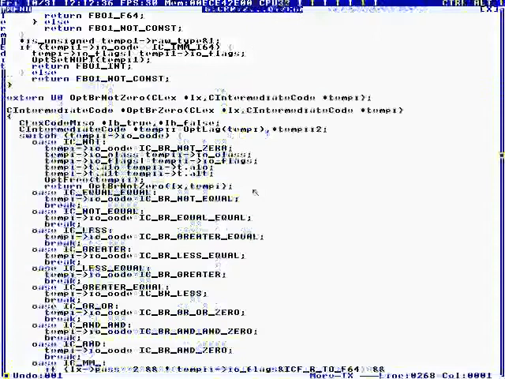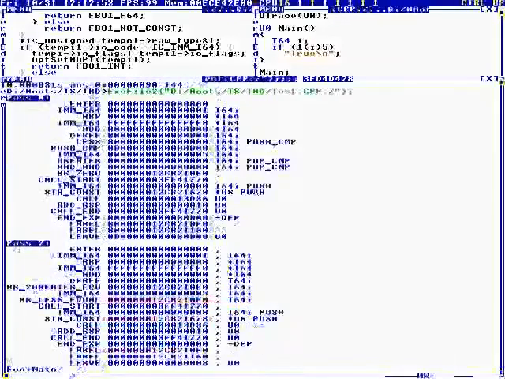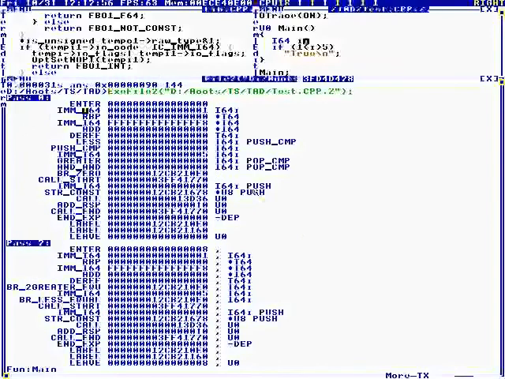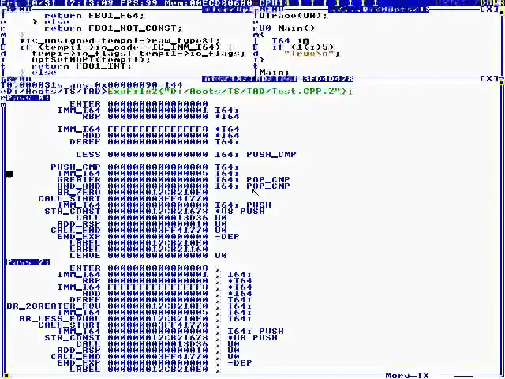I can also show you a different thing, which is 1 less than 5, let's say this. So this is coded as 1. It pushes a 1, it pushes that, it does a less than on that. Then we start getting into the push compare.